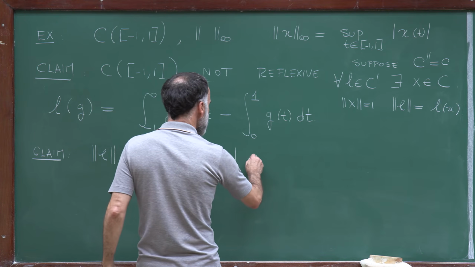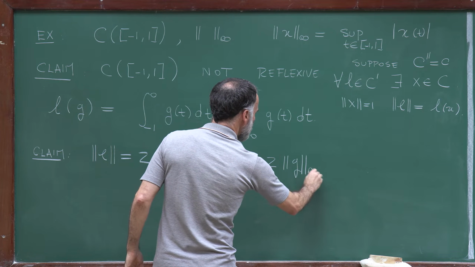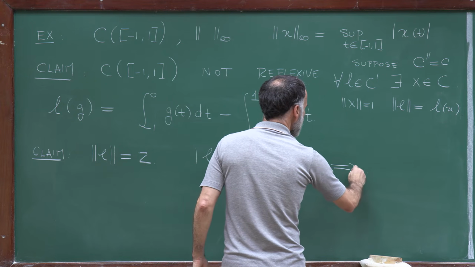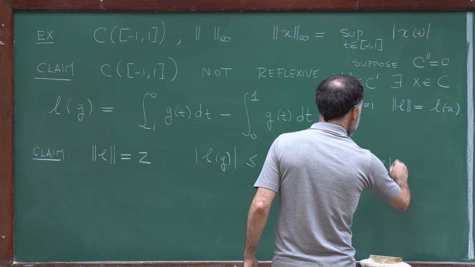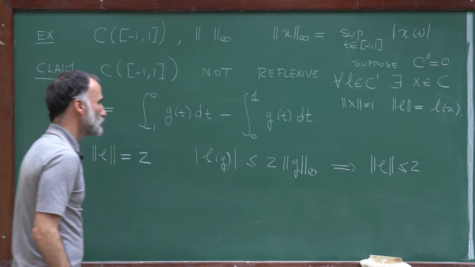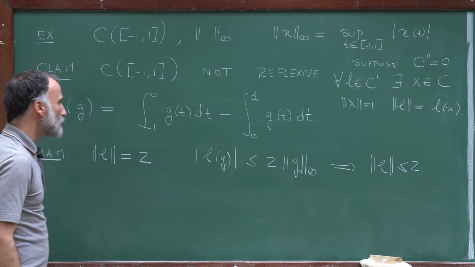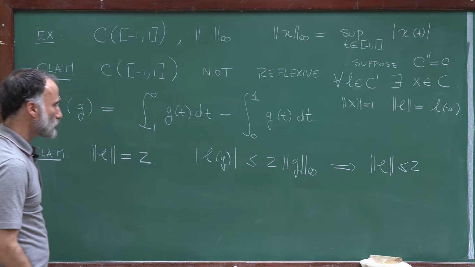So it's clear that this is less or equal than 2 times the infinity norm of g. From that, it follows that the norm of L is at most equal to 2. Now, we need a lower bound for Lg.